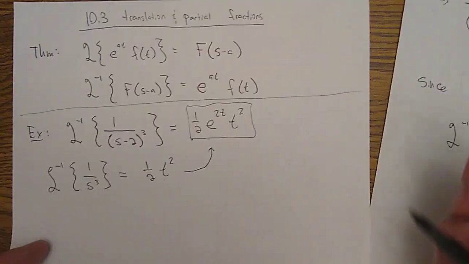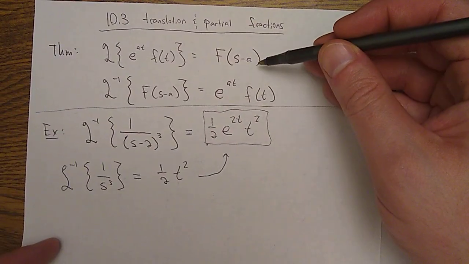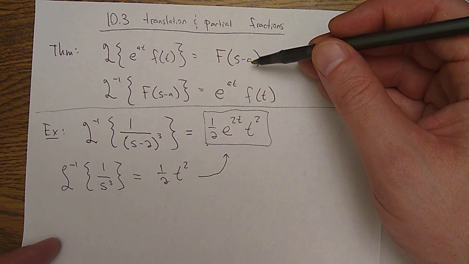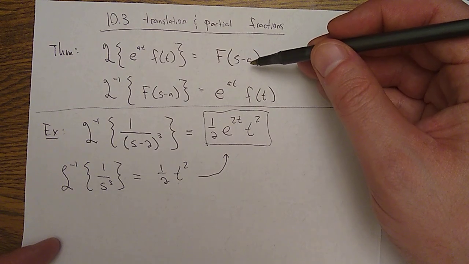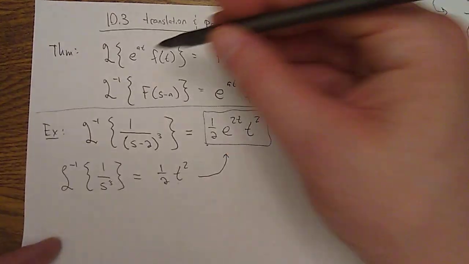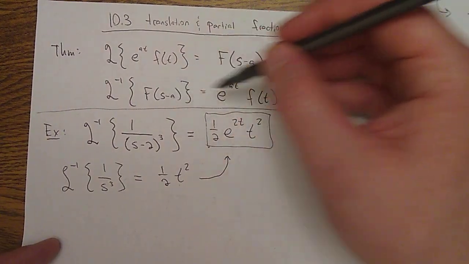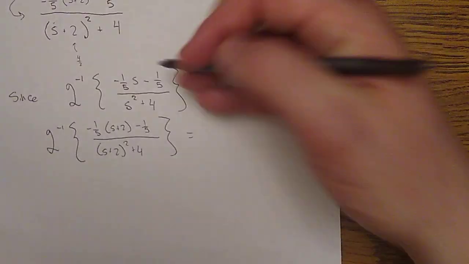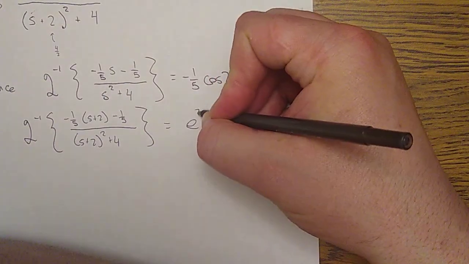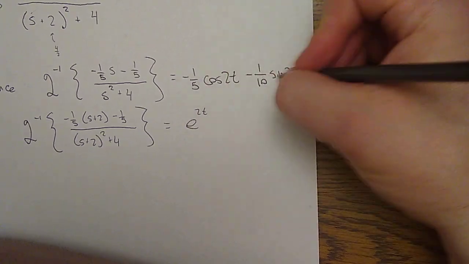In other words, it's like this. So a is -2, so I'm going to do e to the -2t times this.